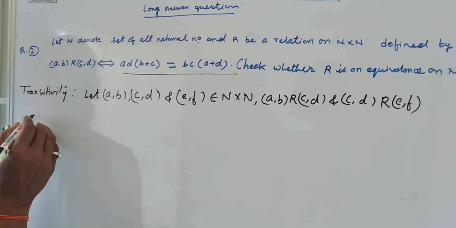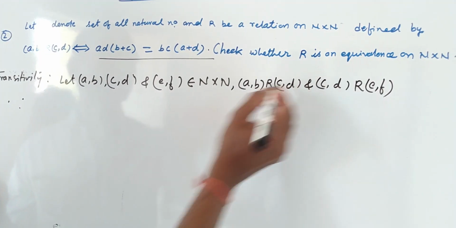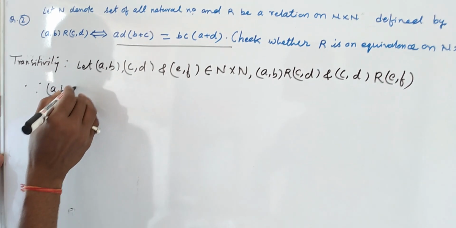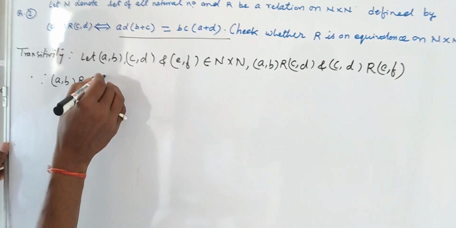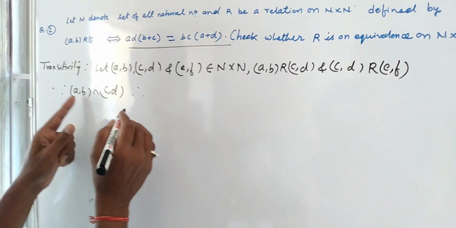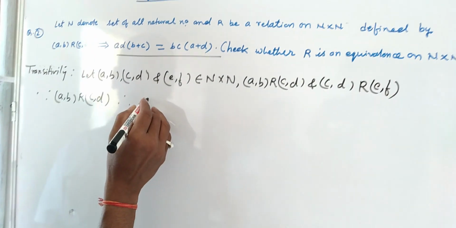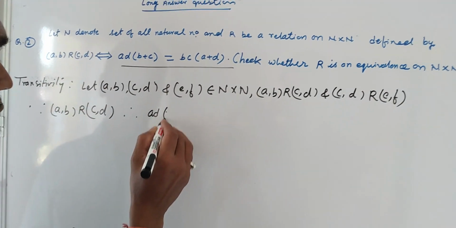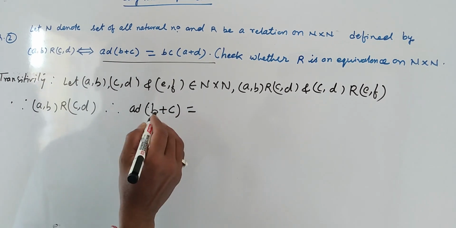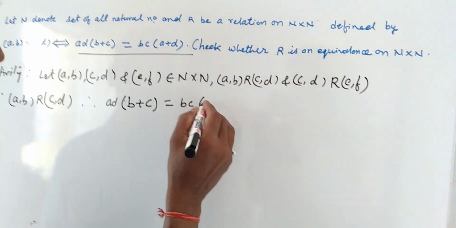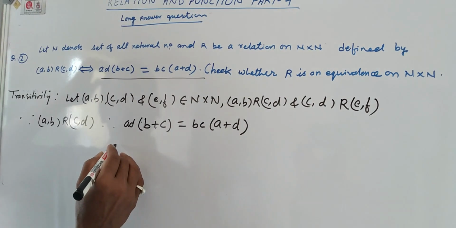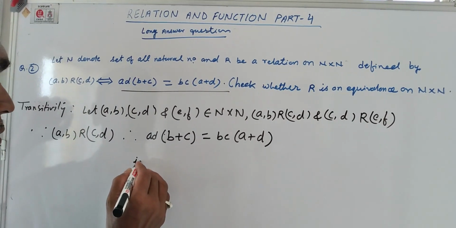Since (a, b) is related to (c, d), we can write ad(b + c) = bc(a + d).